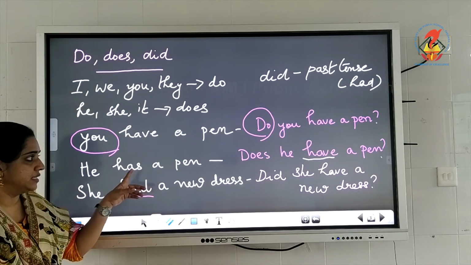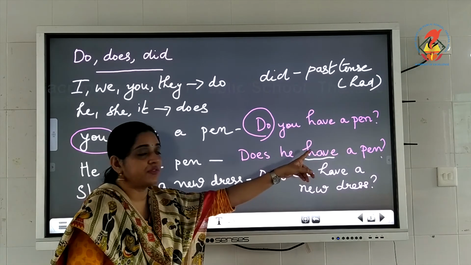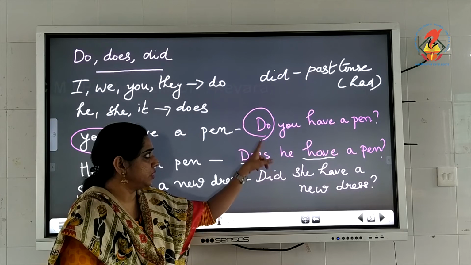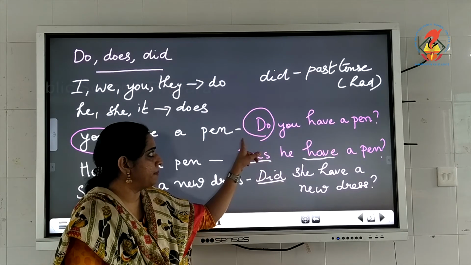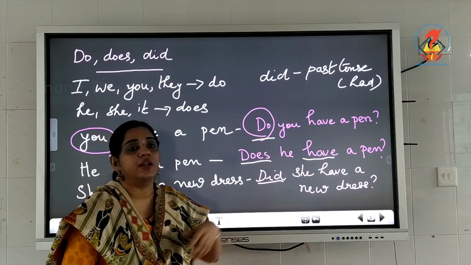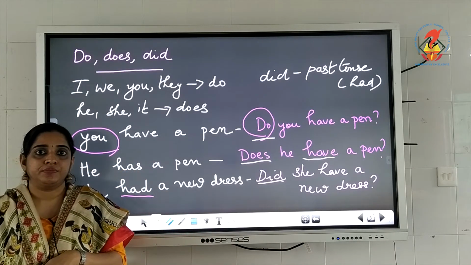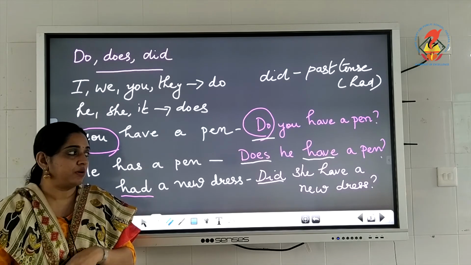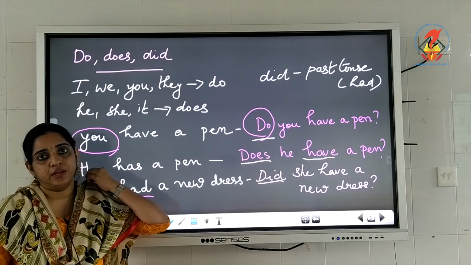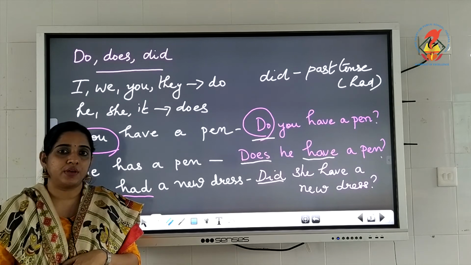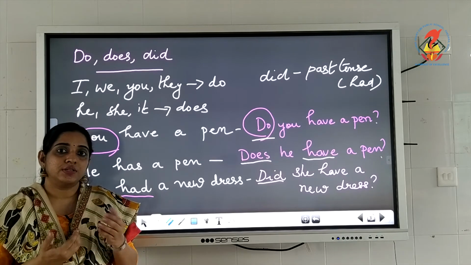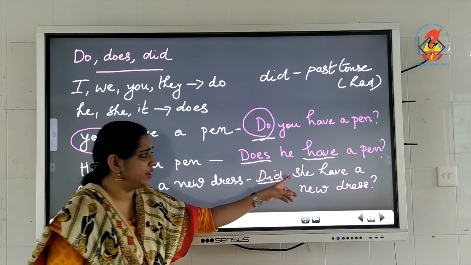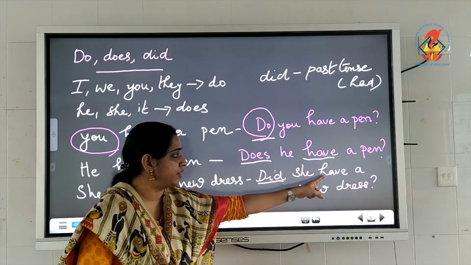So here, does he have a pen? Whenever you use does, do and did, remember you have to use the original form of the verb. What is the original form of the verb here? Have. Had is past tense. Has is used for singulars. So here you will have the question, why have I used have here?